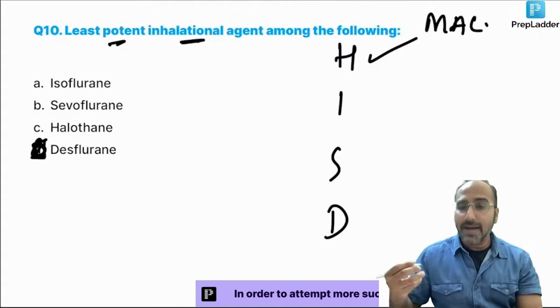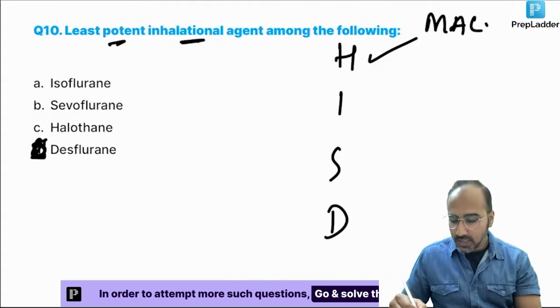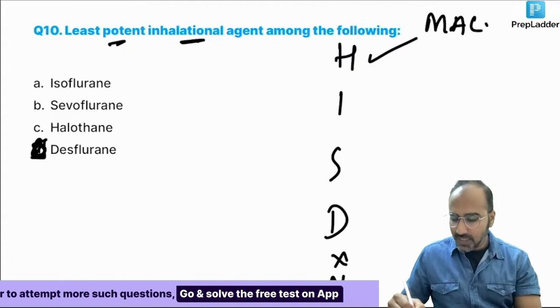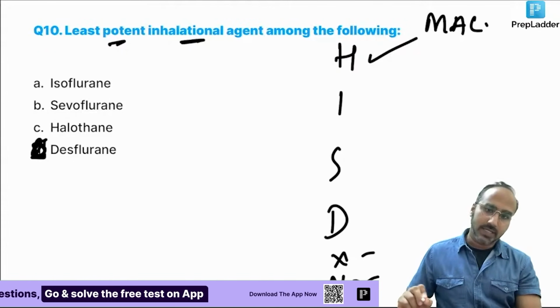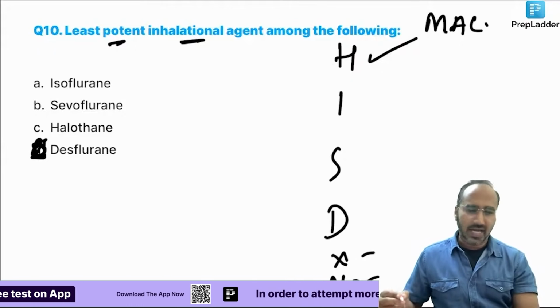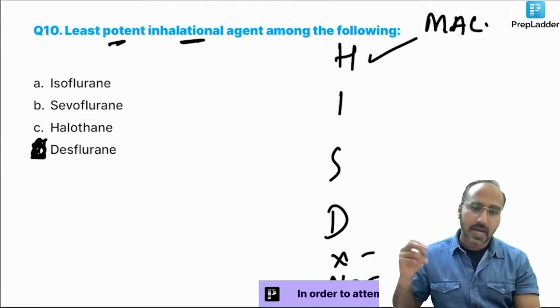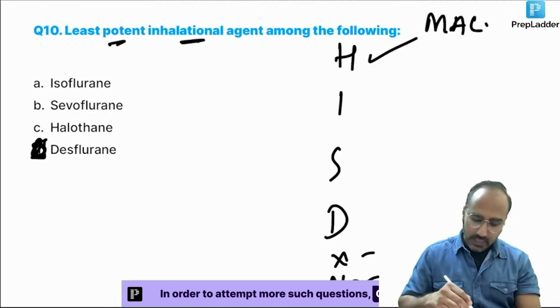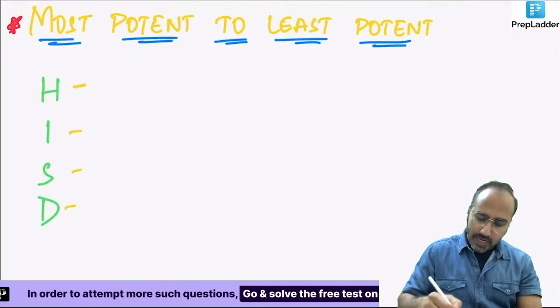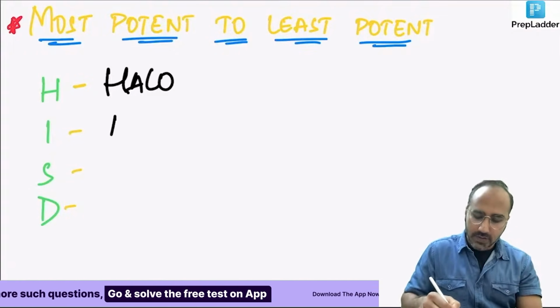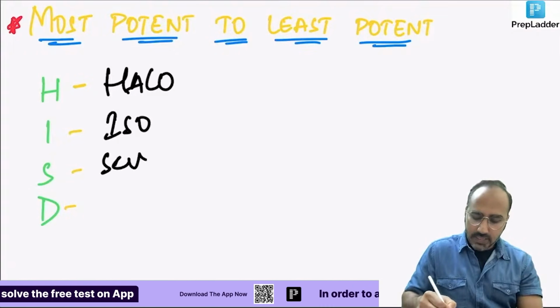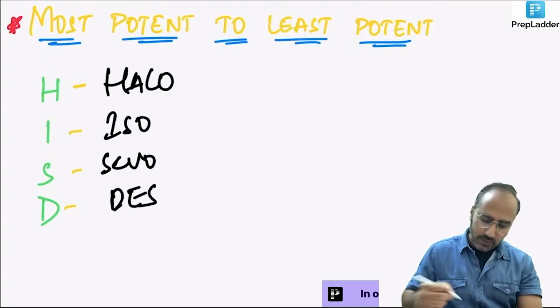Okay. Less potent than desflurane is what? Xenon and nitrous oxide. Xenon having a MAC value of 70, nitrous having a MAC value of 105. So I have already told you, H stands for most potent to least potent: halothane, isoflurane, sevoflurane, and desflurane.